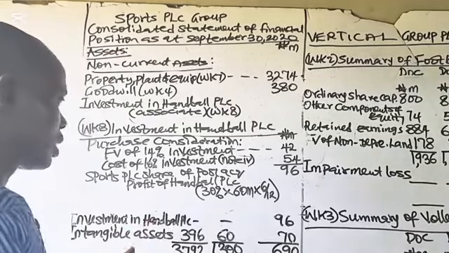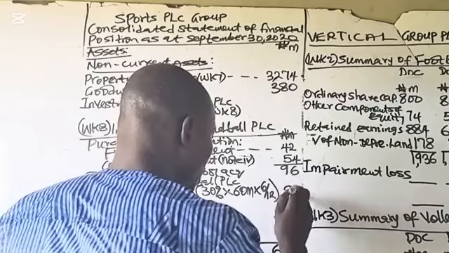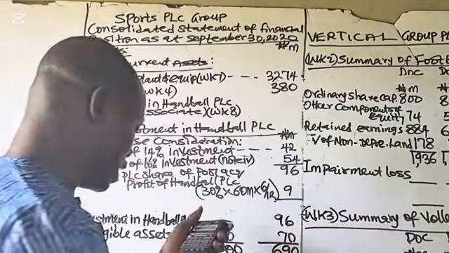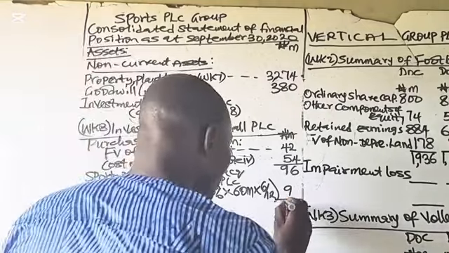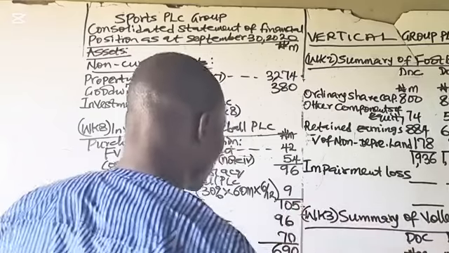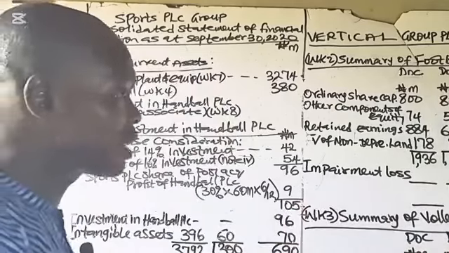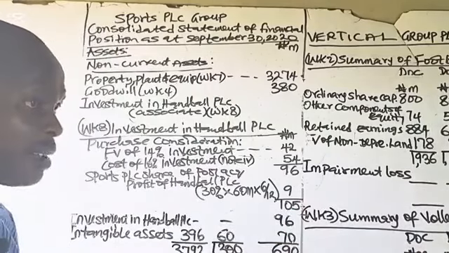That gives us 9 million. If you add 9 million to 96 million, then you have 105 million.